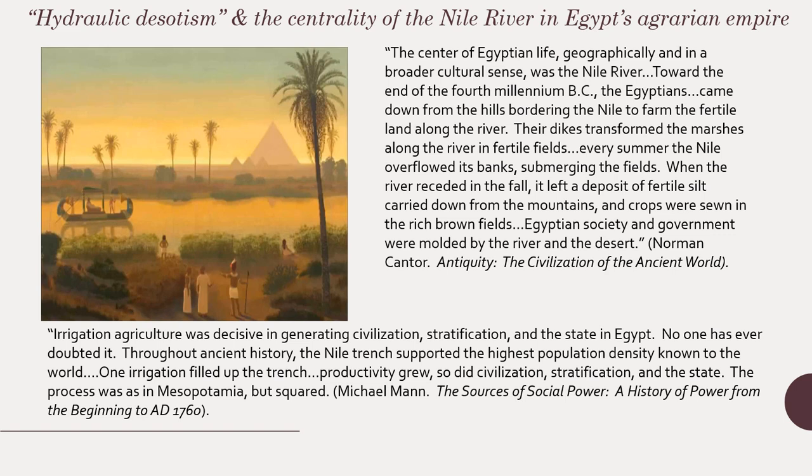Throughout ancient history, the Nile Trench supported the highest population density known to the world. Once irrigation filled up the trench, productivity grew, so did civilization, stratification, and the state. The process was as in Mesopotamia, but squared. So again, much bigger than what was happening in Mesopotamia, though some of the same developments.